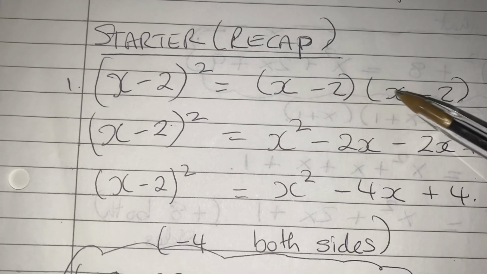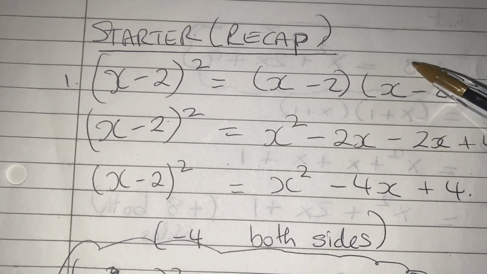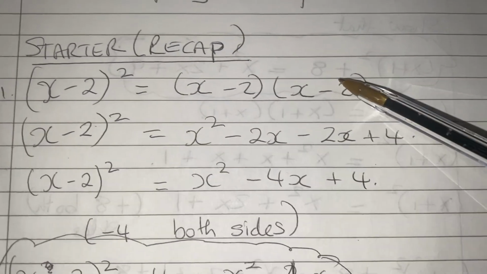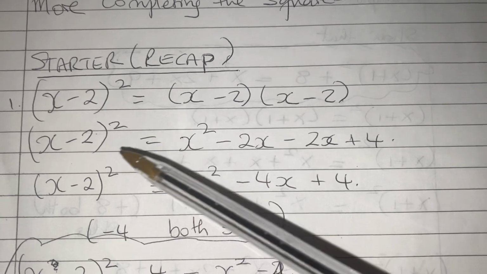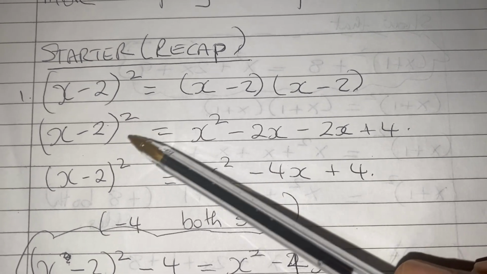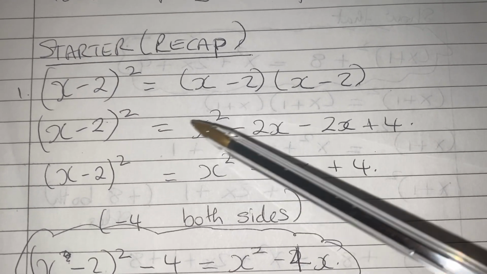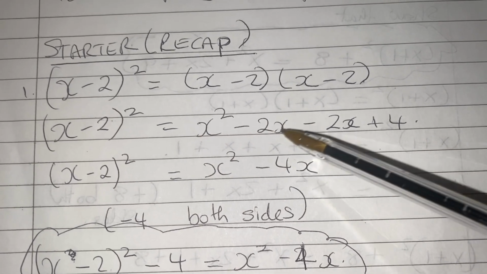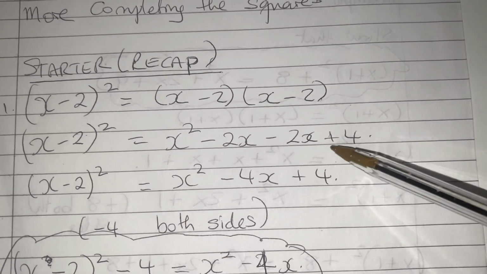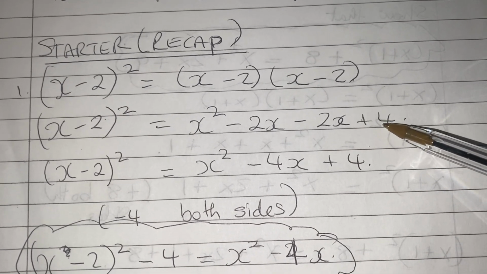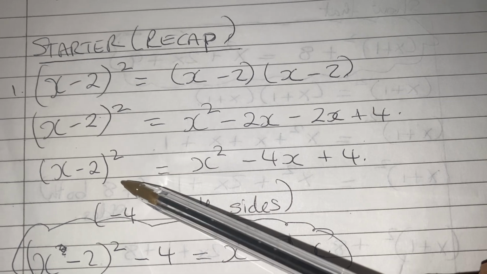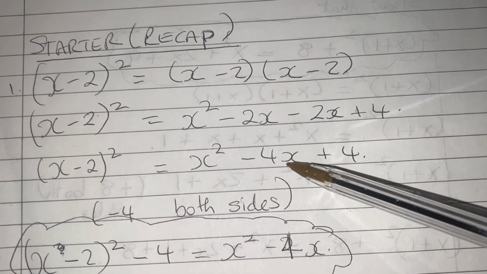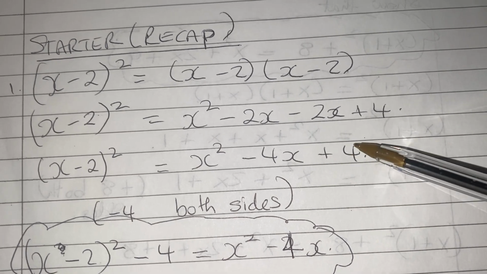So x multiplying everything in the bracket, minus 2 multiplying everything in the bracket, you get x minus 2 all squared equals x squared minus 2x minus 2x plus 4. So x minus 2 all squared will be x squared minus 4x plus 4.